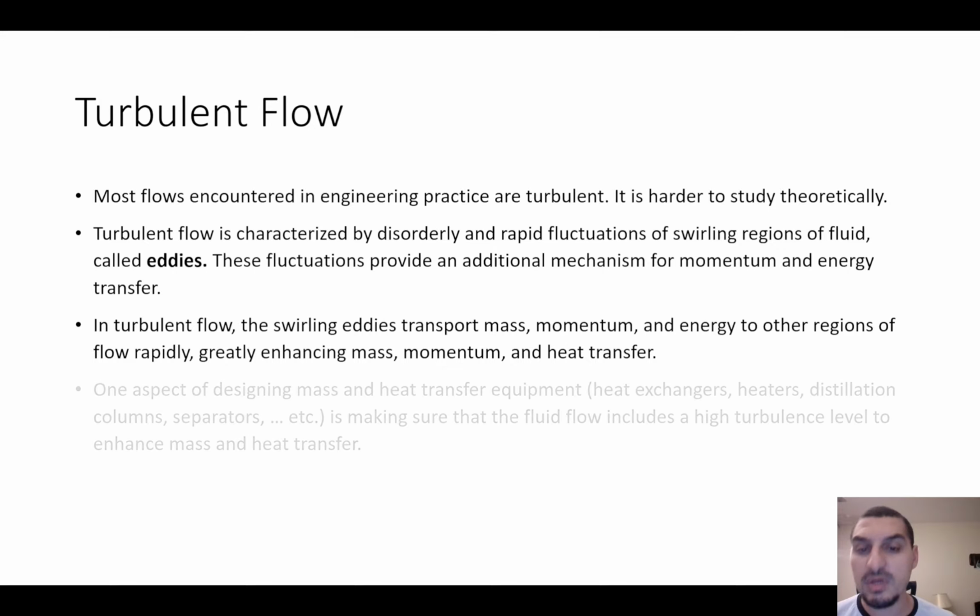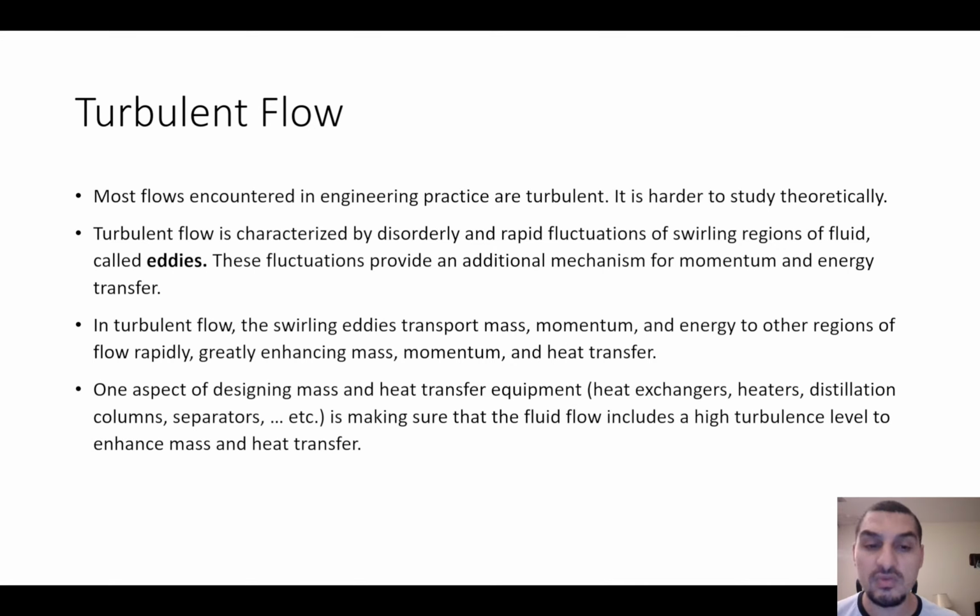So this is why, as we said before, when we design equipment like heat exchangers, distillation columns or separators or whatever, we make the design so that we make sure that the flow is turbulent. So this is something that we do on purpose.